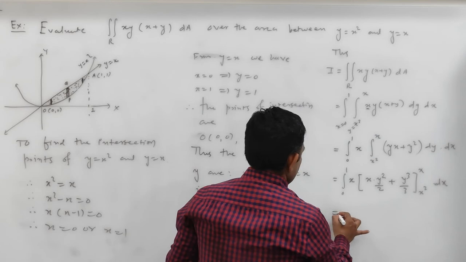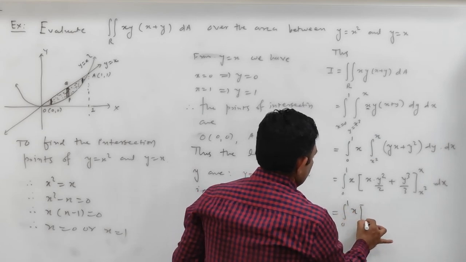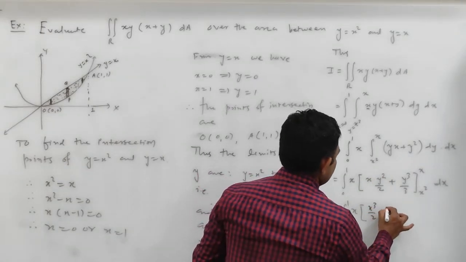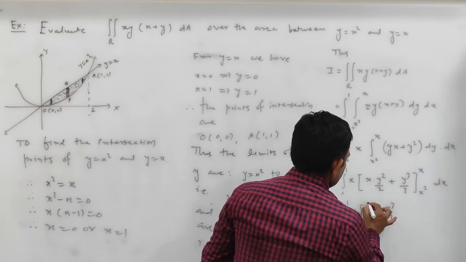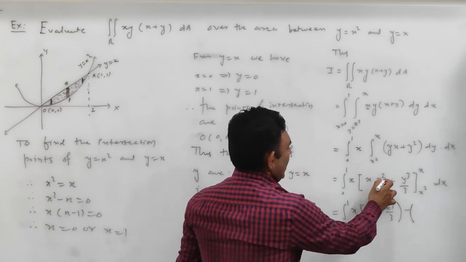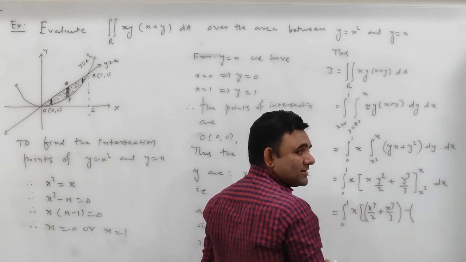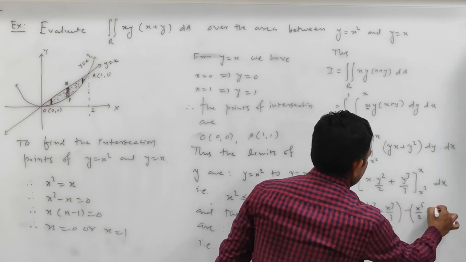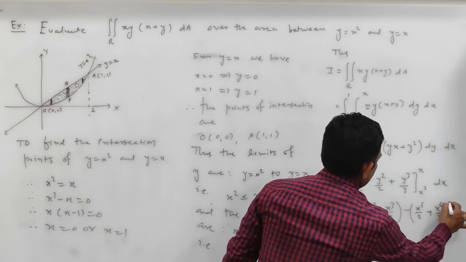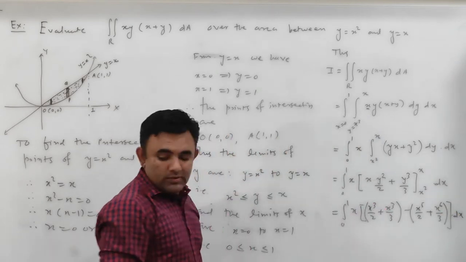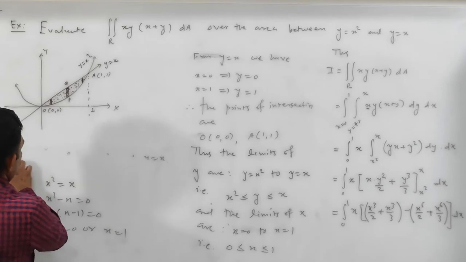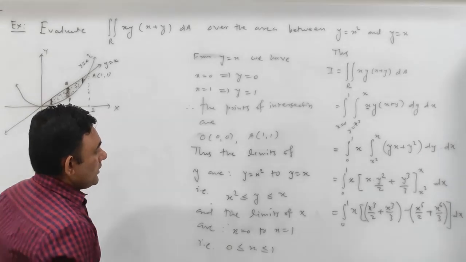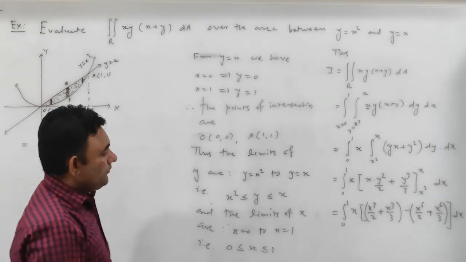So now integration 0 to 1 of x, substituting the upper limit, y is x, so it is x cubed by 2 plus x cubed by 3, minus, for the lower limit x squared, x raised to 4, and as x is already there, x raised to 5 by 2 plus x squared cubed, that is x raised to 6 by 3, dx.